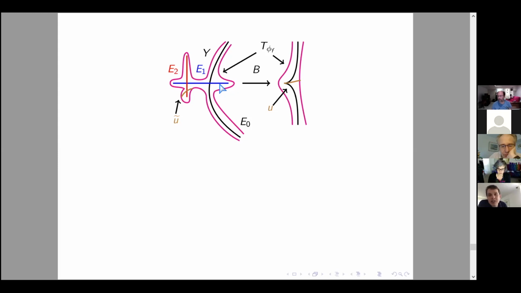There's this ongoing work by Mark Gross and Dan Pomerleano, where they take an affine variety and compactify it using a smooth normal crossing divisor, and their goal is to compute symplectic cohomology of the affine variety completely using relative Gromov-Witten invariants.